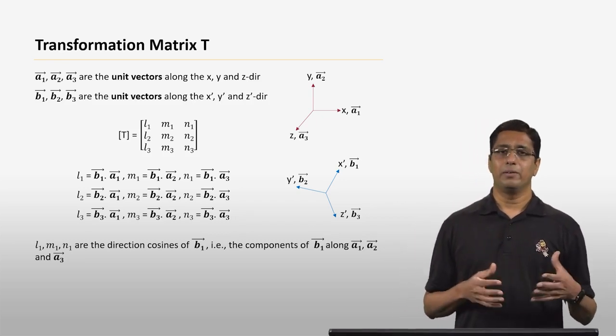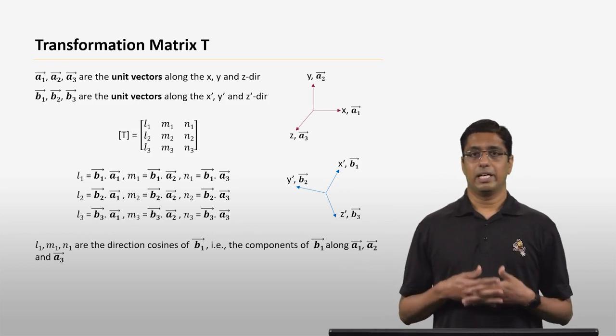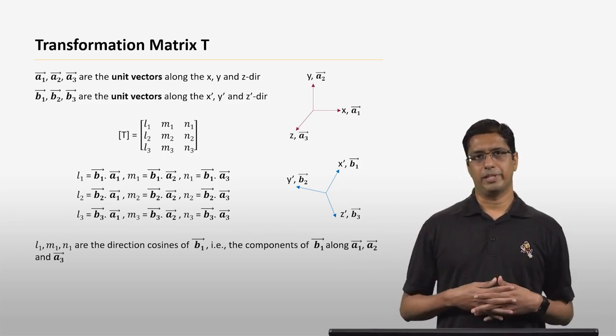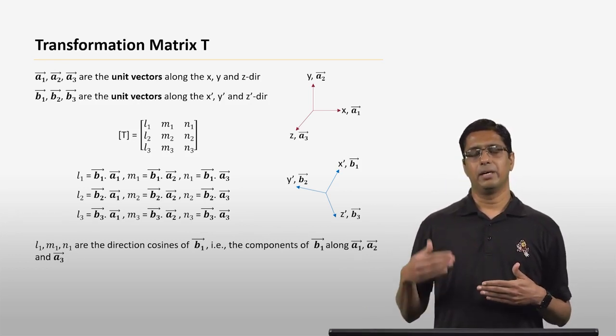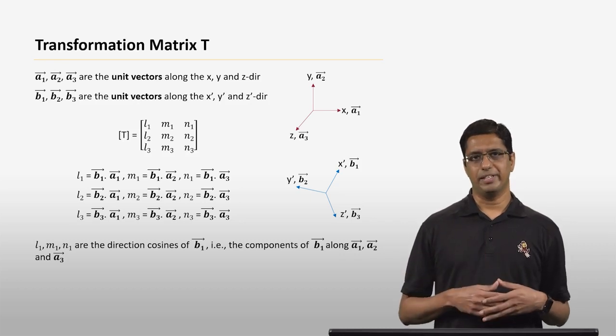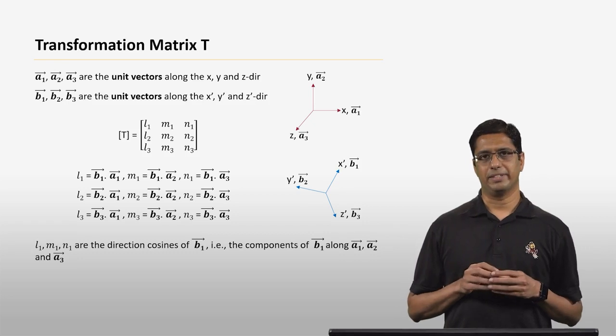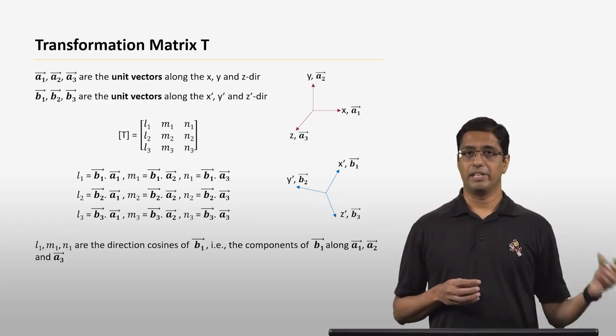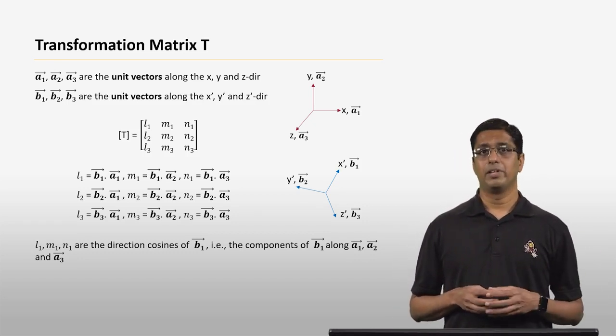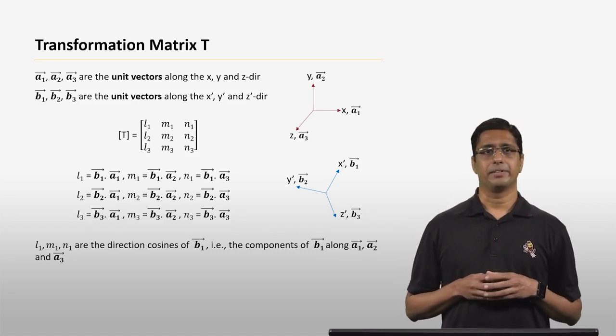Okay, and now let's think about the x prime, y prime, z prime coordinate system, and let's define b1, b2, and b3 to be the unit vectors along x prime, y prime, and z prime direction. Again, in this case, if the initial vectors that are given are not normalized, you must first normalize them to get the unit vectors. Okay?